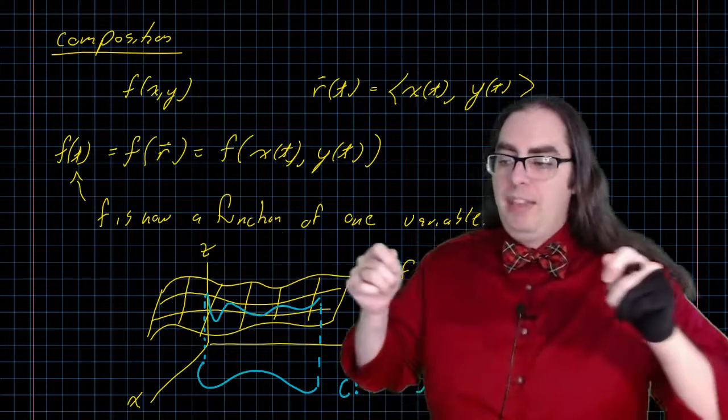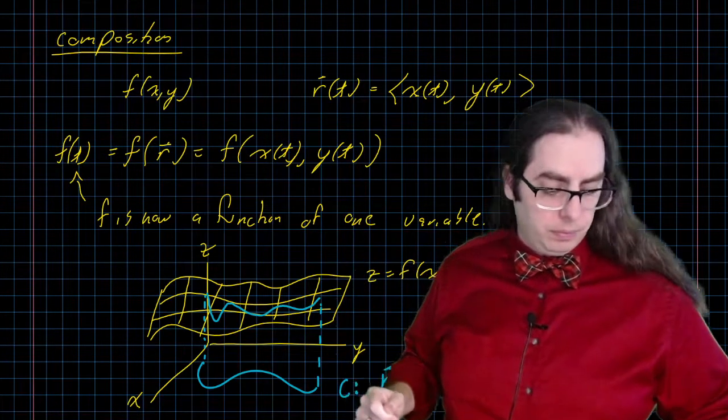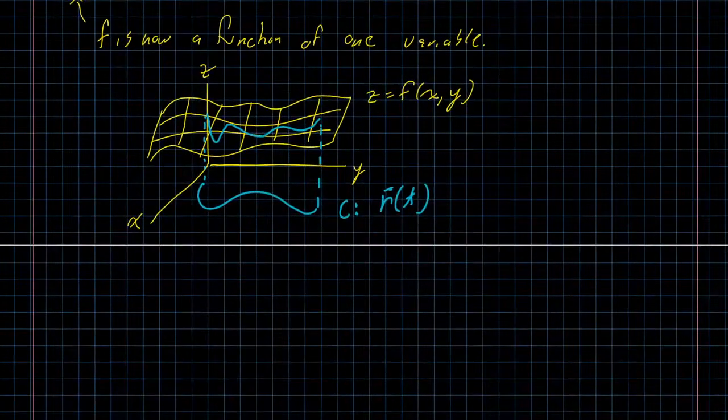Then I want to take the sheet and stretch it back out. When I do that, I get my t-axis, which is just exactly following this path of the curve. And then I get whatever heights I had mapped out in z.